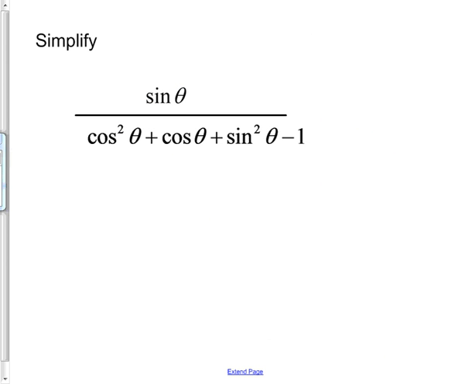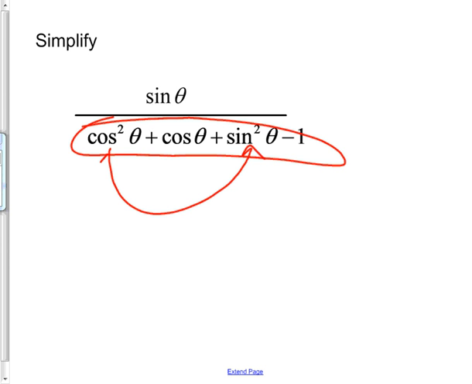Okay. We already did ones like this, but you remember what to do? This is off that little homework quiz we did the other day. Remember what to do with this big jumble on the bottom? This and this could go together and make what? 1. And then this does not make one of those identities.